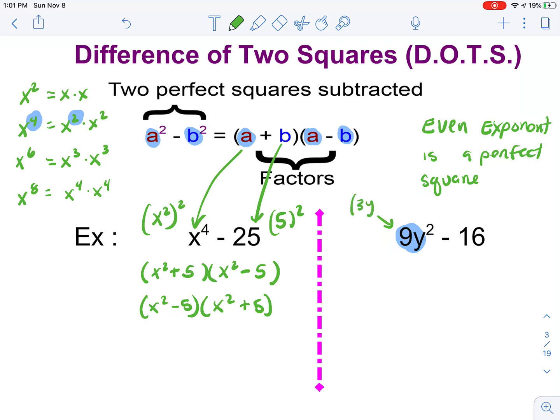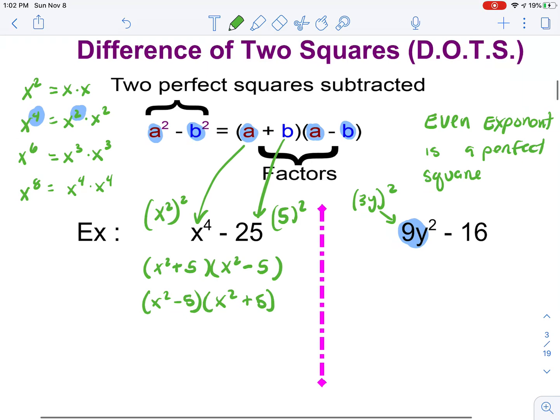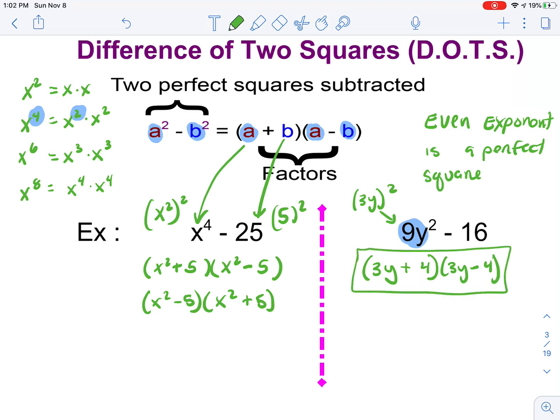Well, that's going to be a 3y. Because if you remember properties of exponents, if you have it inside of a parentheses and you are raising it to the exponent, each one of those things gets a copy of the exponent. So 3 squared gives me the 9, and y squared gives me the y squared. So when I break this up, I get 3y plus 4 and 3y minus 4 as our final answer. And again, you could switch those two parentheses due to the commutative property.